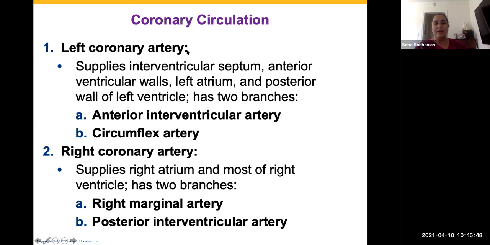The left coronary artery is going to have two branches, the anterior interventricular artery and the circumflex artery. The right coronary artery is going to have the right marginal artery and the one that goes in the back, which is the posterior interventricular artery. You should be able to identify this on an image. Be very comfortable with the image.